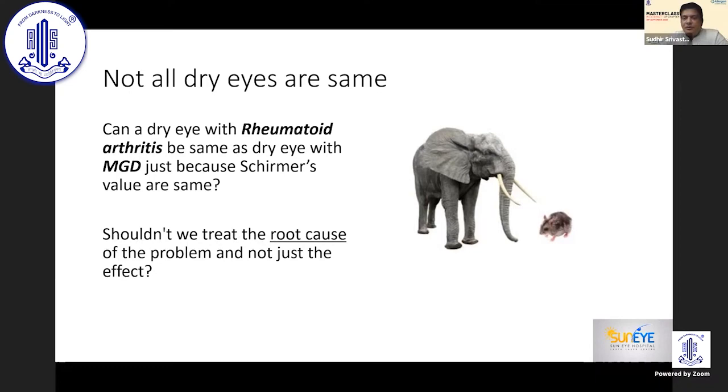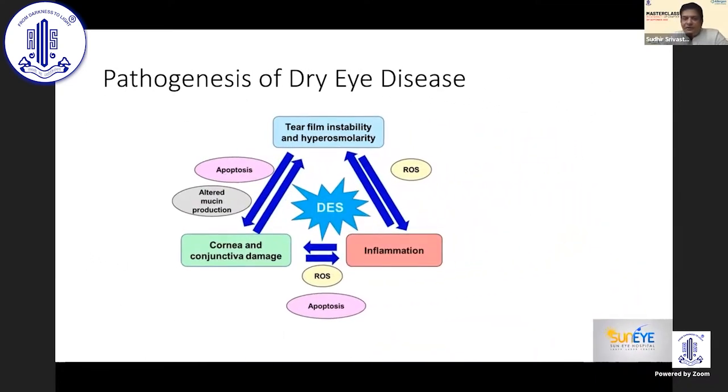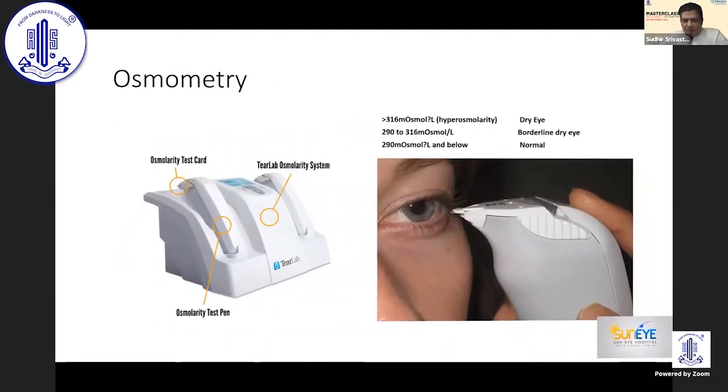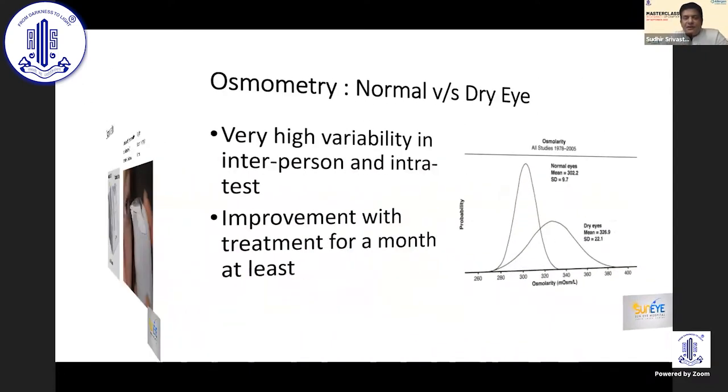So you have to know the root cause, and if you want to know the root cause, then you must understand the pathogenesis of the disease: tear film instability and hyperosmolarity, then inflammation and corneal and surface damage. Osmolarity is obviously high when we see any bad ocular surface, because of the high concentration of the tear film.